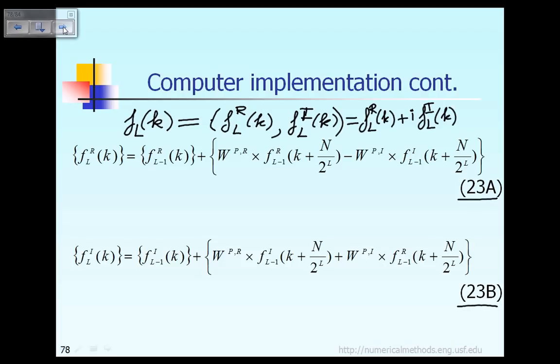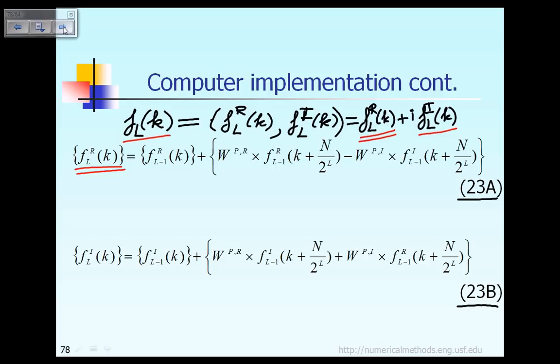So FLK is a complex number, but that complex number can be expressed in terms of this number FLR and this number FL capital I, and these two numbers are both real numbers. The value of the real number FLR can be computed based on equation 23a.